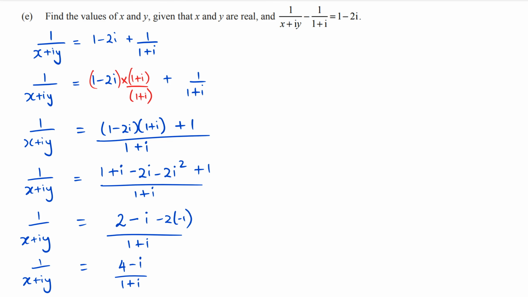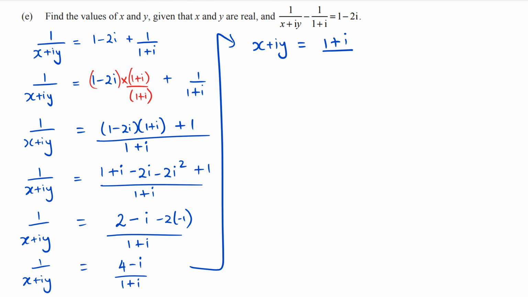So at this point, I can flip the fractions. When I flip the fractions, I get x plus iy equals 1 plus i over 4 minus i. So at this point, I've got to rationalize the denominator. So I'm going to multiply it by 4 plus i over 4 plus i.